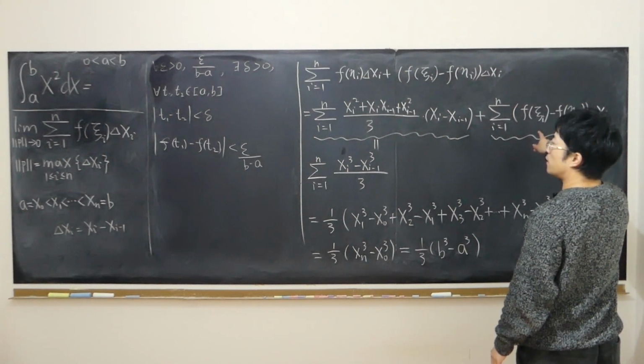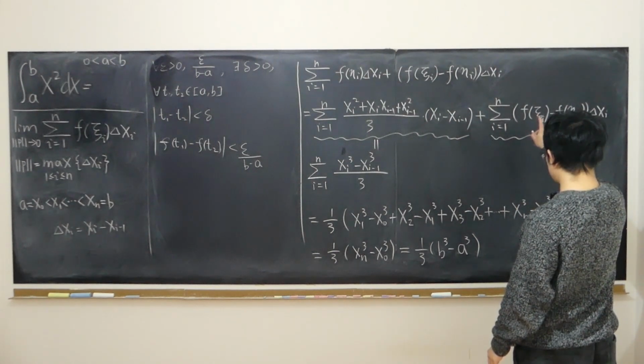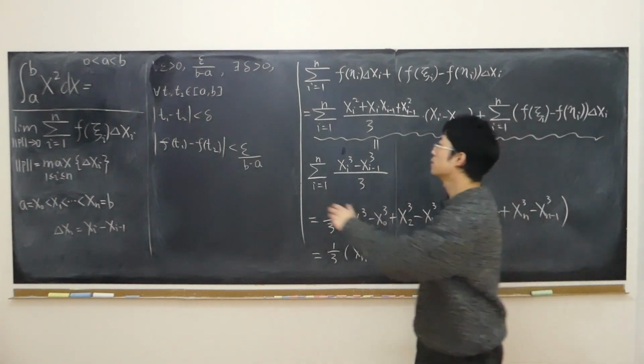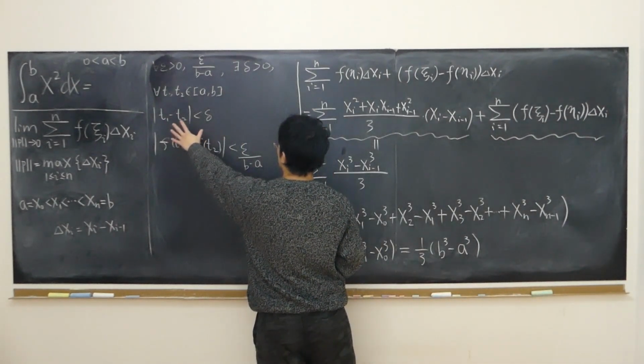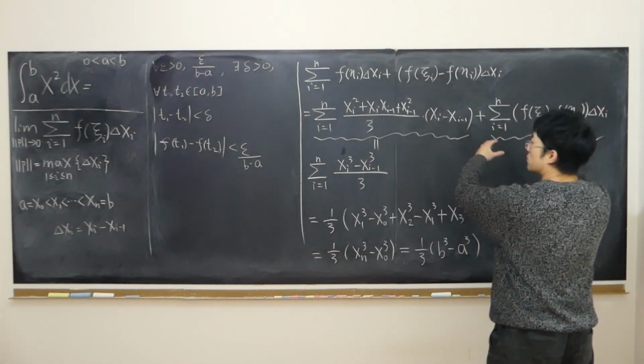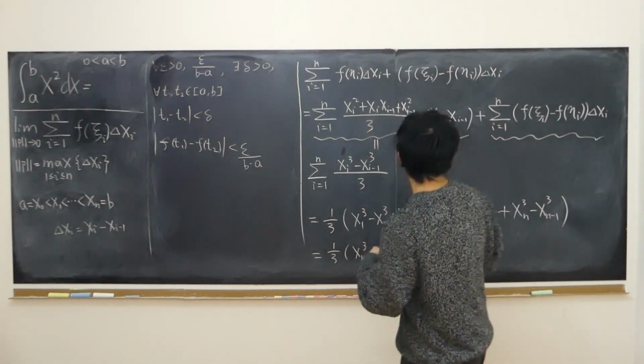as long as I make sure that Xi and eta I are close enough, right? So first of all, two points have to be close enough. Can I make sure Xi and eta I are close enough? I think so. Why?